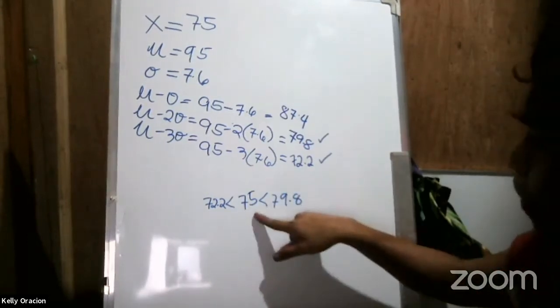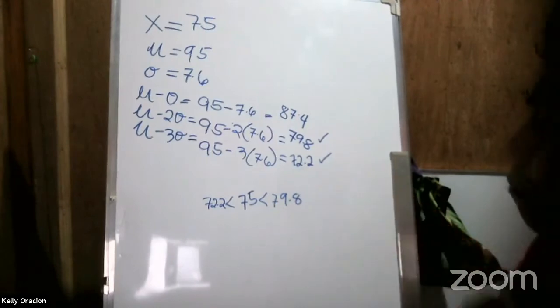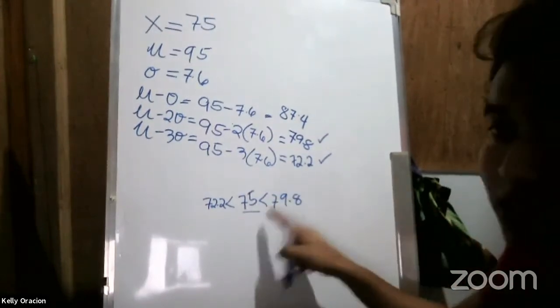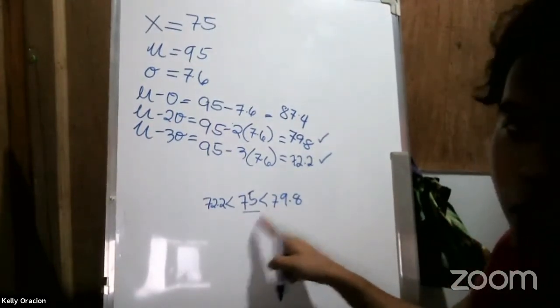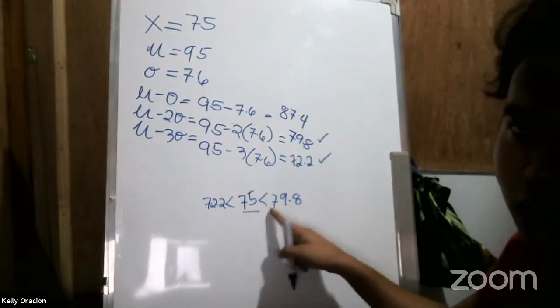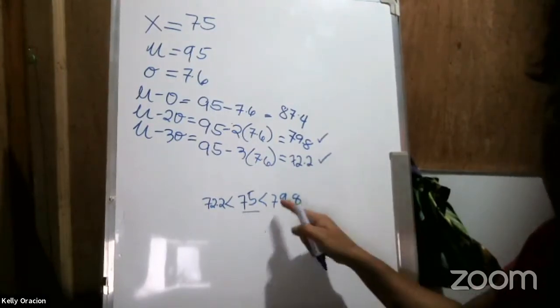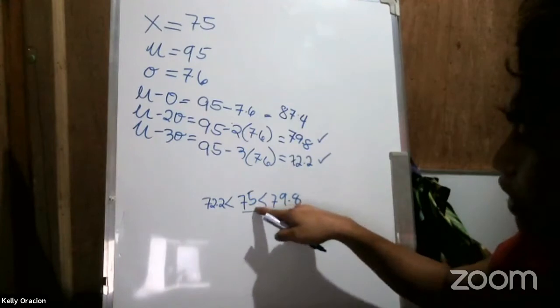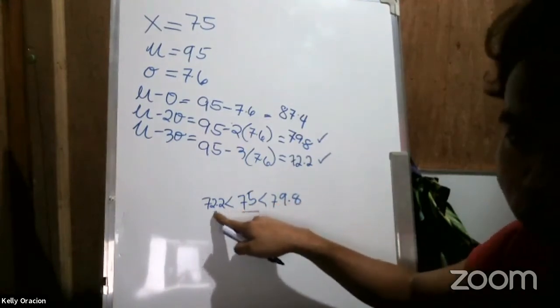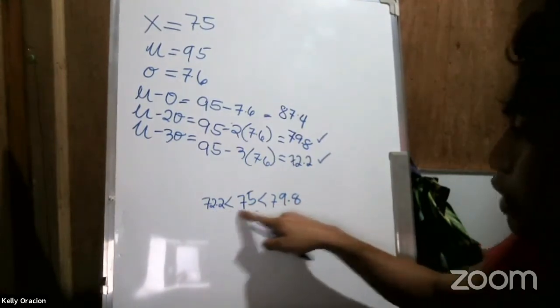Again, ang pagbasa ha is always sa tunga. Basta ingani ang situation, magbasa ka sa tunga. So in this situation, 75 is greater than 72.2 but less than 79.8.